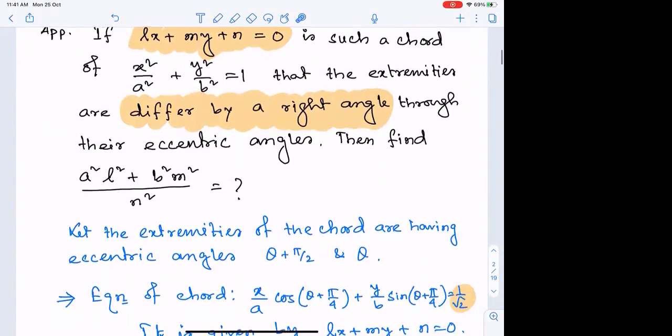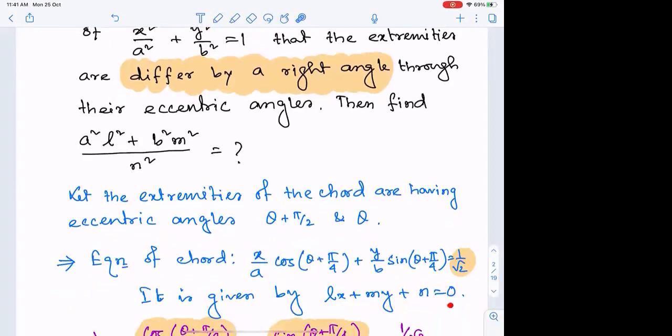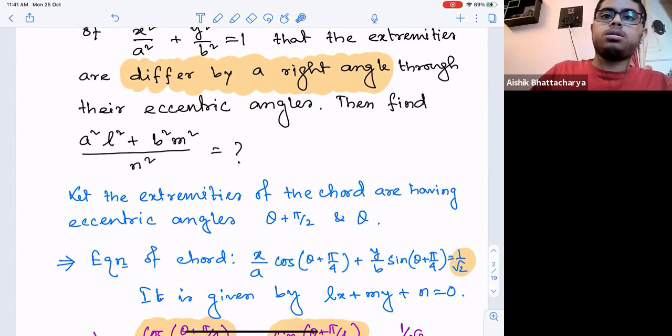If we plug that into the equation, we get the equation of the chord as x by a cos of (theta plus pi by 4) plus y by b sin of (theta plus pi by 4) is equal to, on the other side, cos of half of the difference of the eccentric angles, which transforms into 1 by root 2. Now the same equation of the chord is given by Lx plus My plus n is equal to 0. So definitely these two lines must be proportional. Is that acceptable for all?